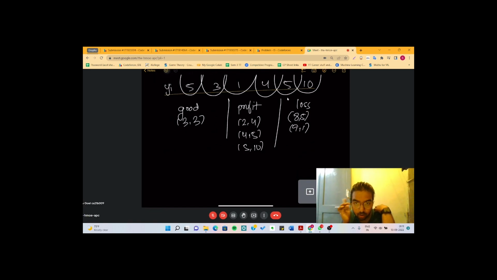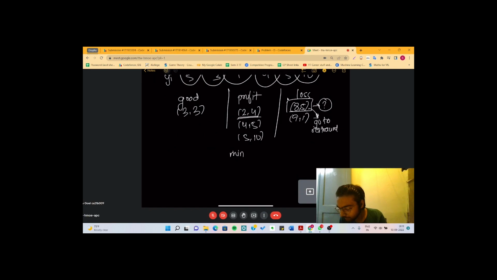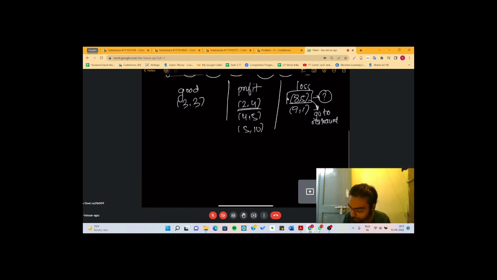The most optimal way of making groups: the first thing I have to do is put this person somewhere. I want this person to go somewhere, to enjoy a meal, to go to a restaurant. So I made these three groups, right? Now the good person can go with anyone because he does not need any money.